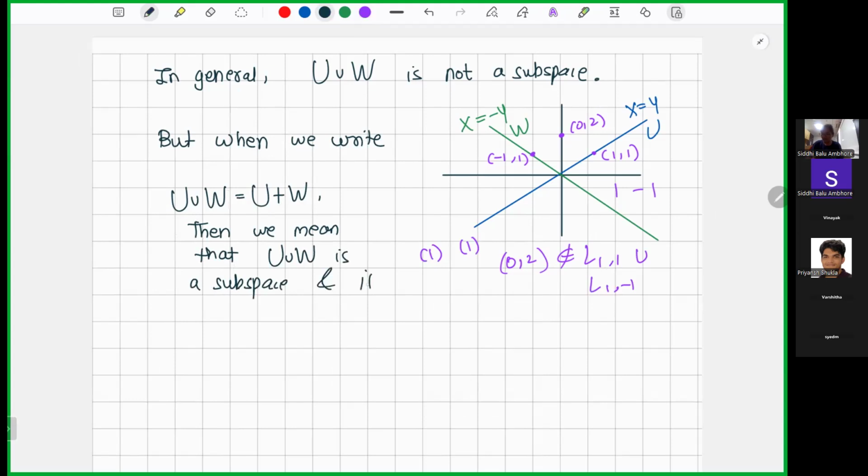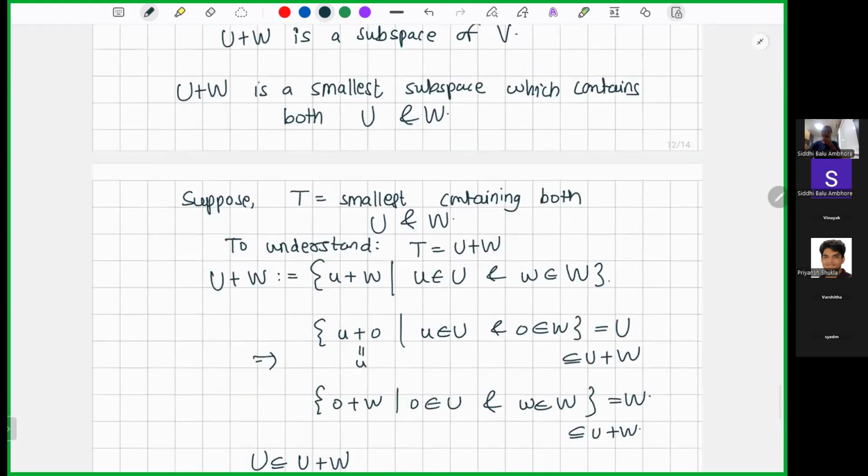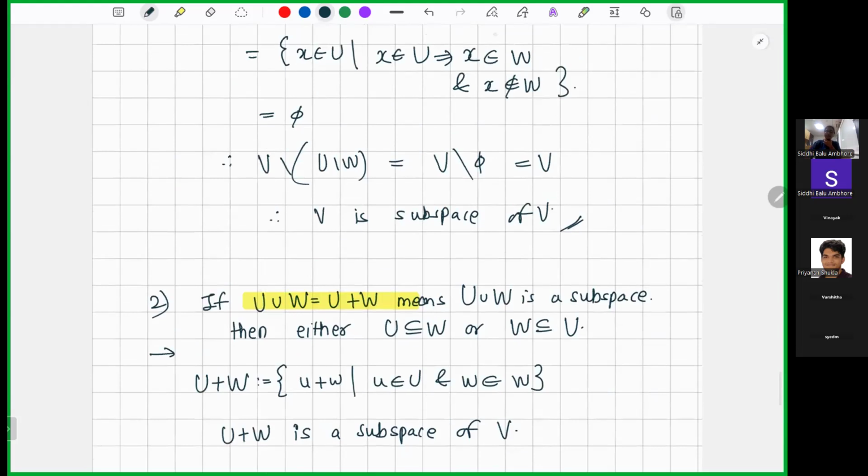And it is, in fact, the smallest subspace containing both U and W. So the reason why I explained all this is that this might look like just some equation, but it actually means something. It means that this U union W, which in general is not a subspace, is actually a subspace. So that's what the given condition is.